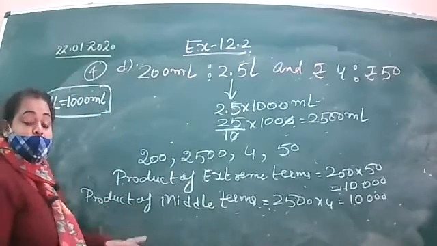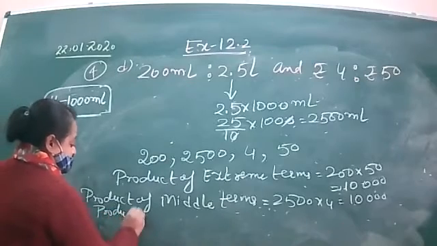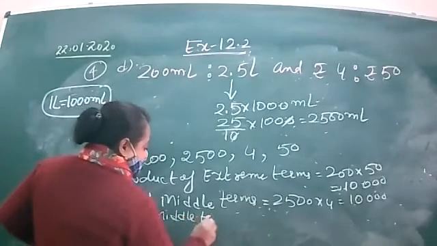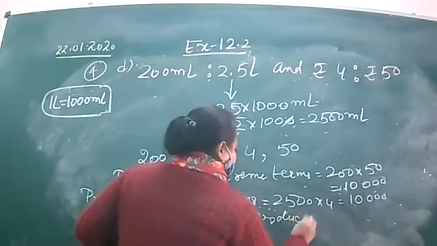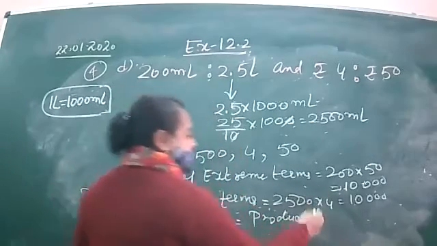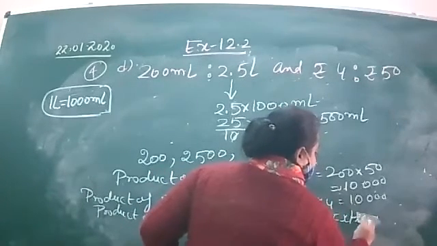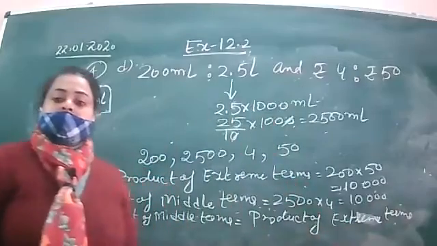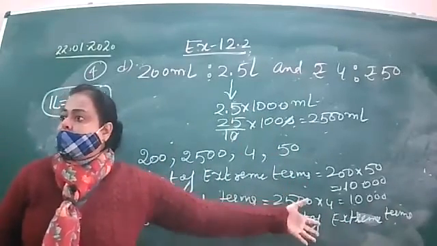Very much compulsory to conclude. Product of middle terms is equal to the product of extreme terms. You can write whichever you like first. Either write extreme first or middle first.